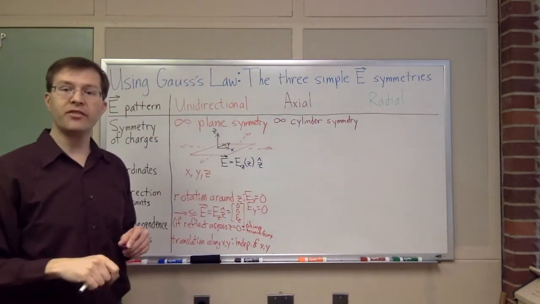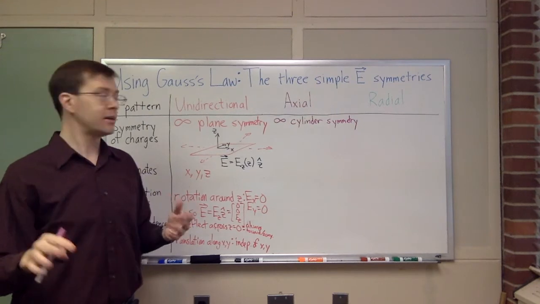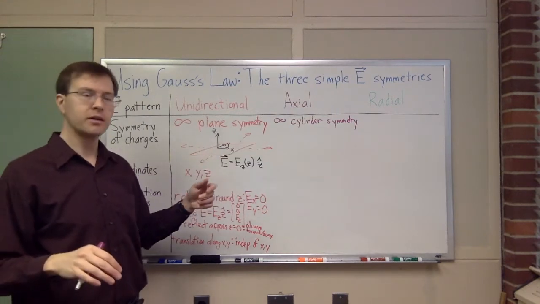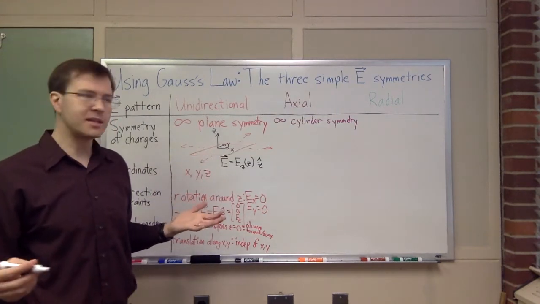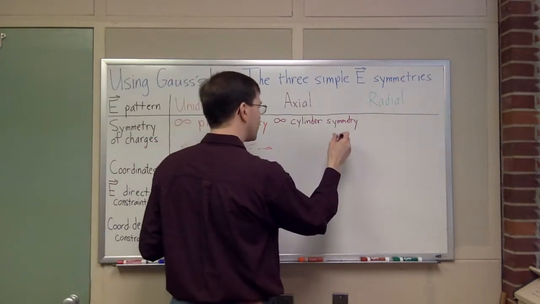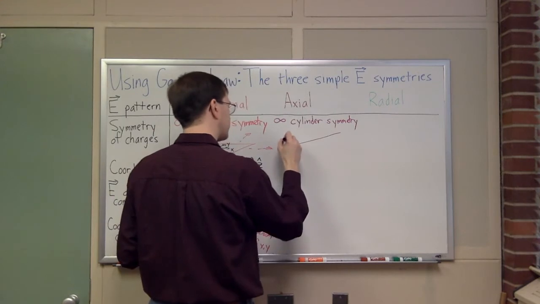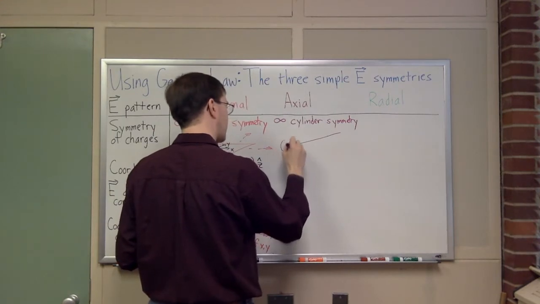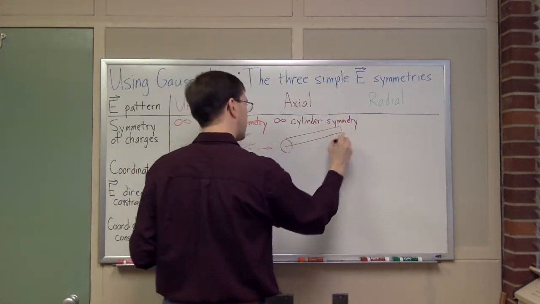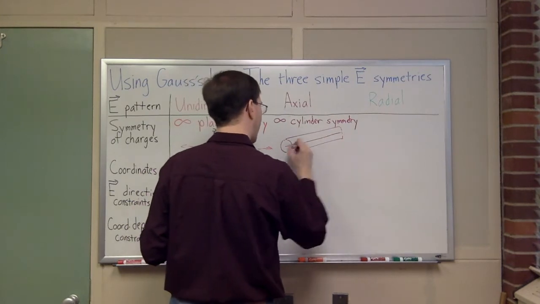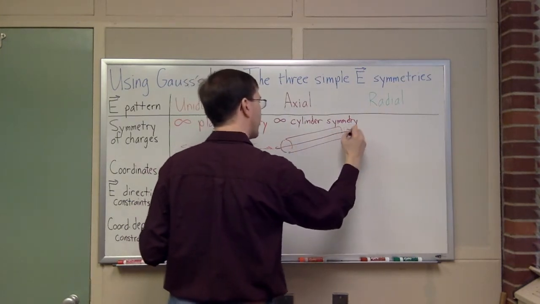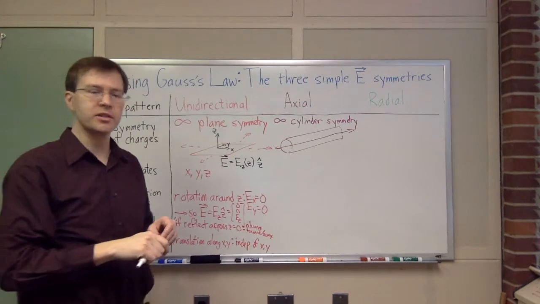If we have the symmetry of an infinite cylinder or an infinite line, then we have cylindrical symmetry. What does that mean? That means that I have some central axis that's the center of my cylinder, and maybe I'll draw a little cylinder around it, sketch this around, that goes in both directions. It goes infinitely long in both directions.